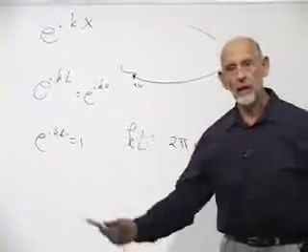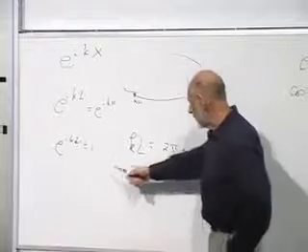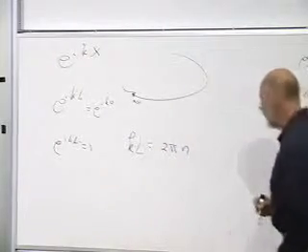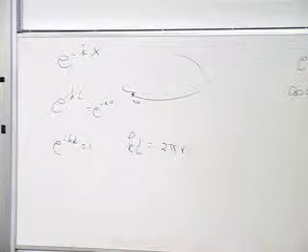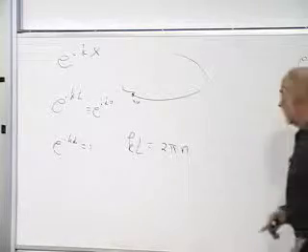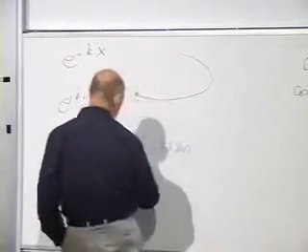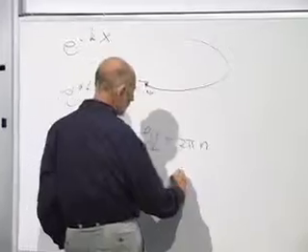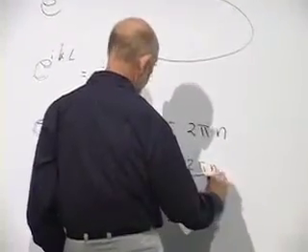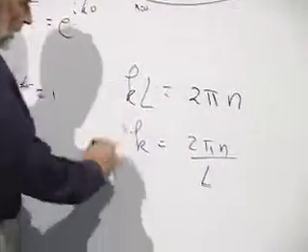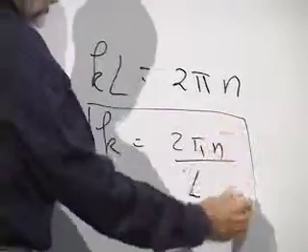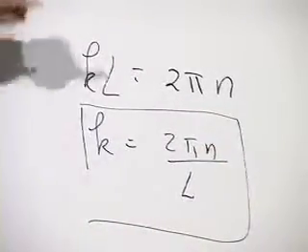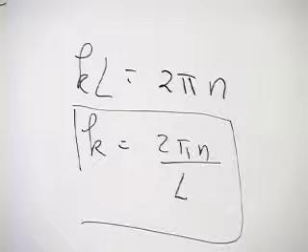It's just counting the allowable wave numbers. This is called a wave number. So k times L is 2 n pi, or k must be 2 pi n over L. That's the condition on k that when you go around, the function comes back to itself.